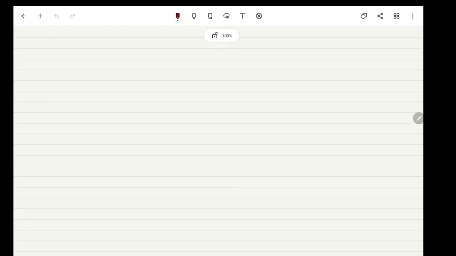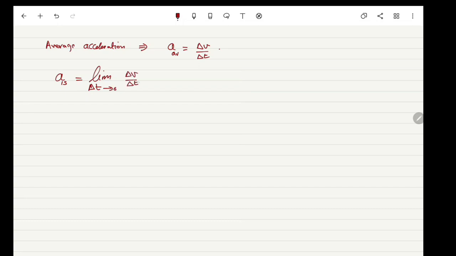So average acceleration, in this case a average equals delta v over delta t, the change of velocity with respect to time. But the instantaneous acceleration is the limit when delta t goes to 0 of delta v over delta t, or the first derivative of velocity with respect to time.